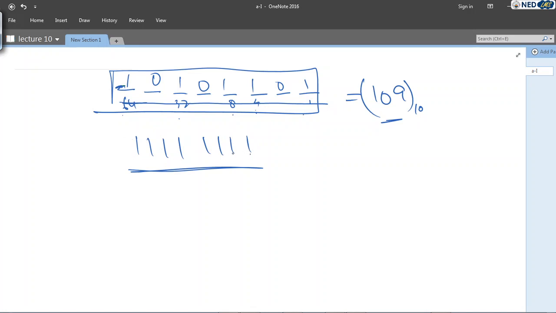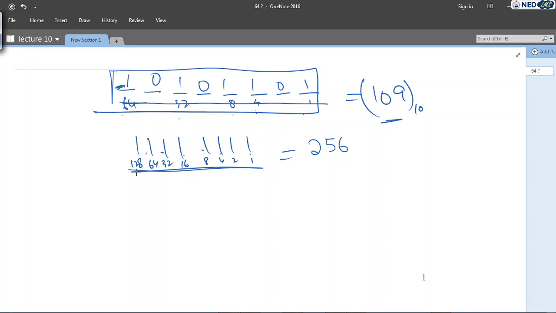So what we have is 1 2 4 8 16 32 64 128. This number would be equal to, if you add all of these together, 256? Let me check it out. 1 2 4 8 16 32 64 and 128.